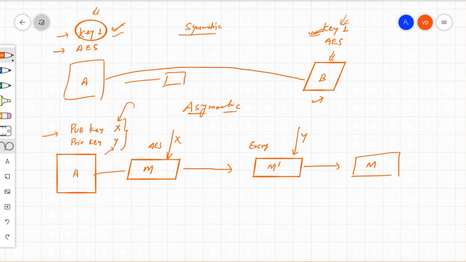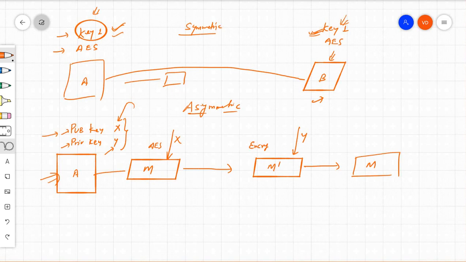What are the use cases? I will be telling you. But for now, just try to understand the relation between public key and private key. I am again repeating. Suppose here is me, right? I have two numbers with me. I am just calling them public key and private key, right?